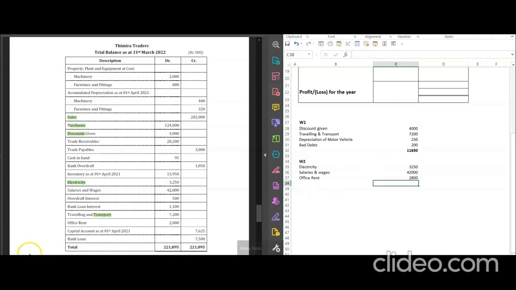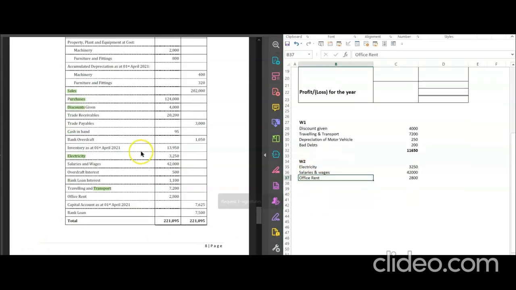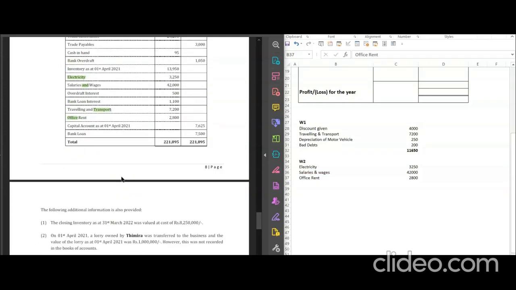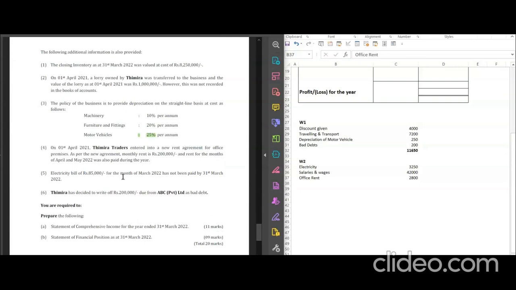Right, now let's see. In this case you can see that there are some adjustments to be made. Just go to the additional information and see if there is anything related to administration expenses. The first one is rent.